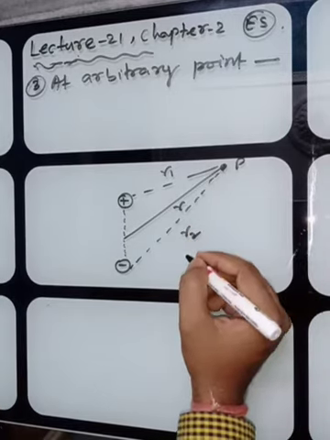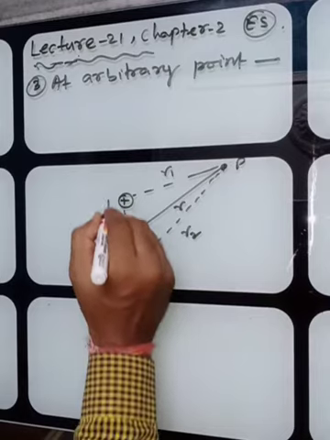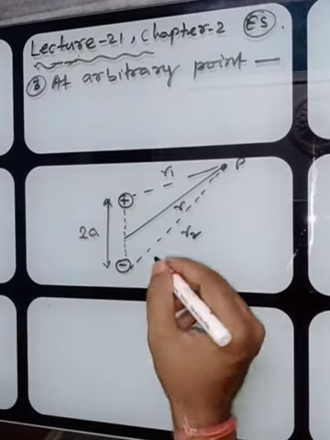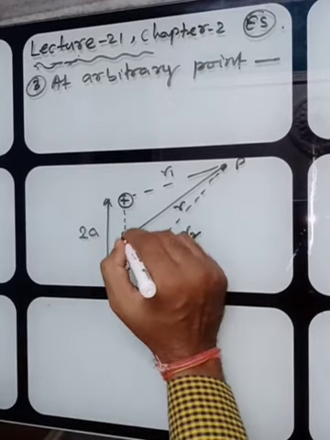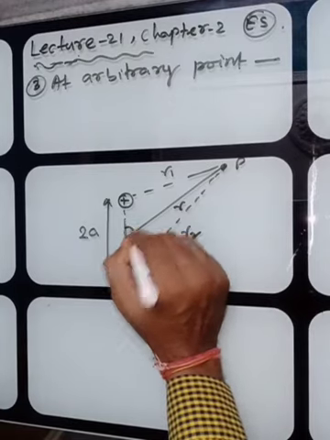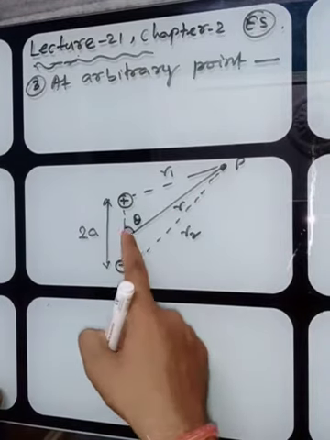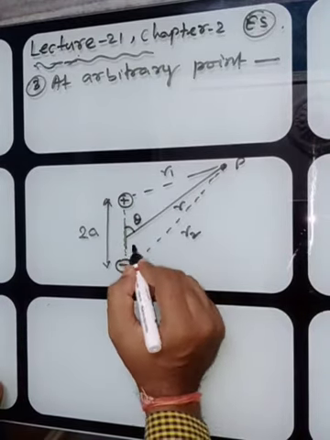Okay, my dear students, this is the dipole. The dipole length is 2a. This is negative, this is positive. With the dipole moment direction, the angle is theta given. If it is theta, this will be 180 minus theta.